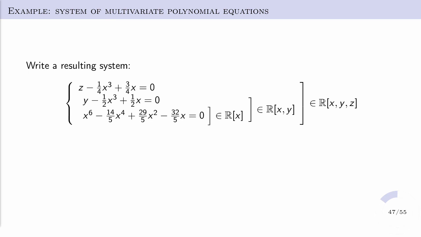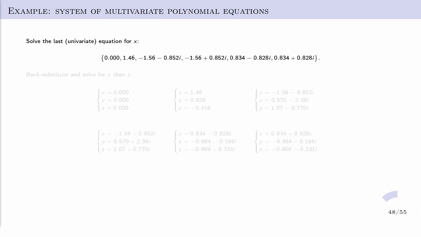So we can now solve this system starting from the univariate polynomial equation. So we can first compute the roots of this polynomial, which we learned how to do in the previous few lectures. This was a polynomial of degree 6. So here we have 6 roots of this polynomial. 2 roots are real, this one and this one, and there are 2 pairs of conjugate complex roots.